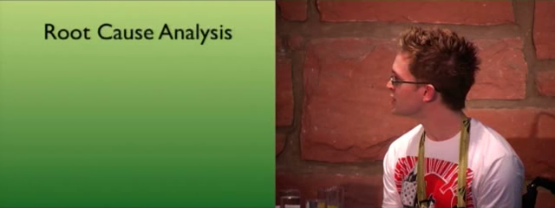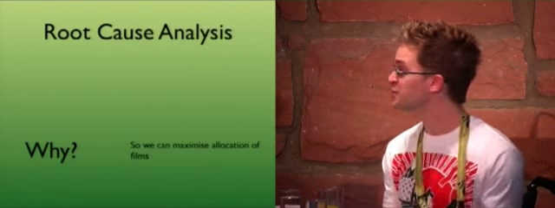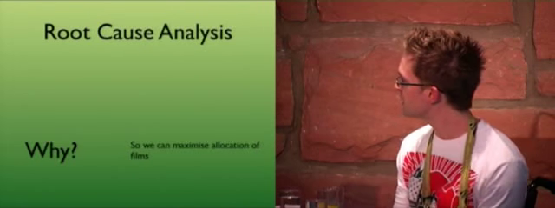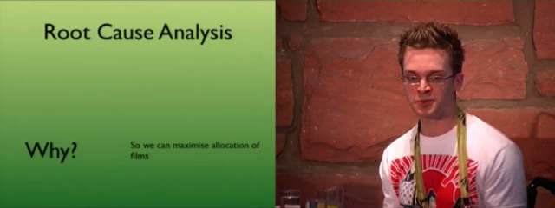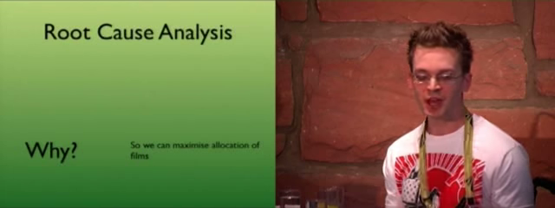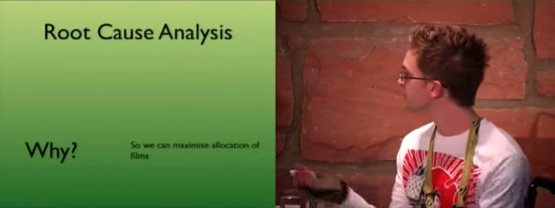So how do we actually go about getting this? Well, using something called root cause analysis. This is also referred to as popping the why stack. And like most great ideas, it actually originated from Toyota, I believe, although four-year-old children could, I think, claim to have invented it first. So it's about asking why. Why do you want to do this? Okay, so we can maximize the allocation of our films. We've only got a finite number of films. We need to distribute them across all our customers.